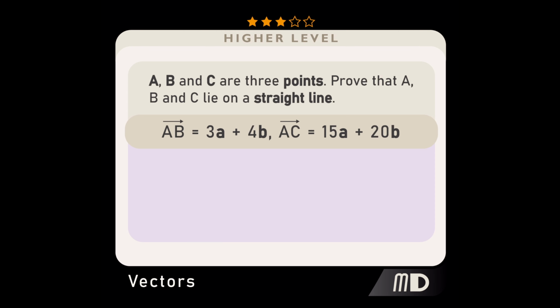A vector is a quantity that has both magnitude and direction. They are drawn as arrows, where the length represents the magnitude and the tip represents its direction.